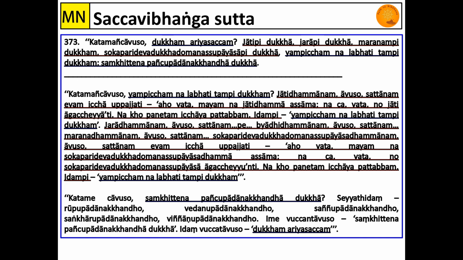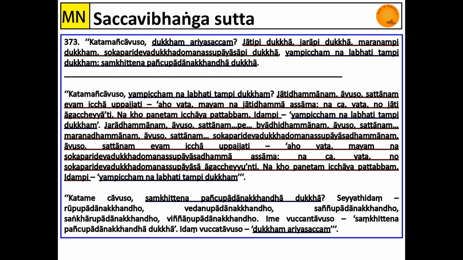So they think, okay, I don't want these kind of things, but whether he gets that kind or doesn't get that kind has nothing to do with his like. This is what is called idampi yampicha nalabati tampi dukkha. So it just happens for reasons, but just because you attach with desire, it's creating you the suffering.